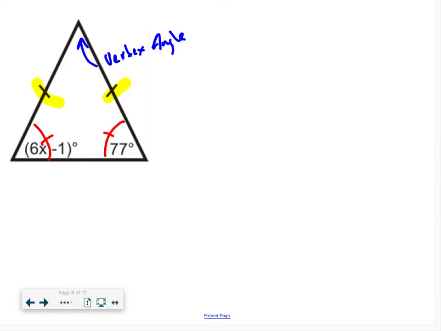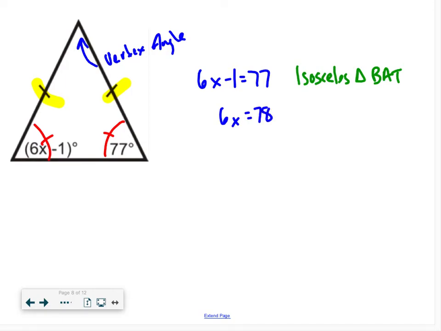So those two angles are equal, which then tells me 6x minus 1 equals 77 degrees. If this was a proof, the reason would be the isosceles triangle base angles theorem. And then I can just continue solving it. Add 1 to both sides: 6x equals 78. Then divide by 6. x turns out to be 13.